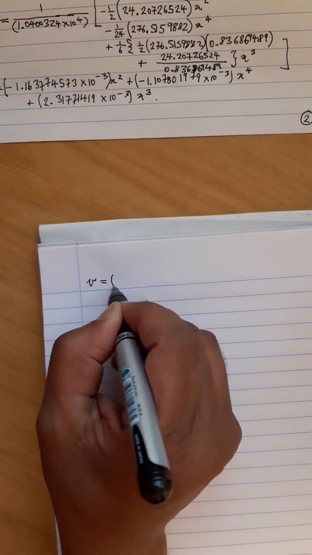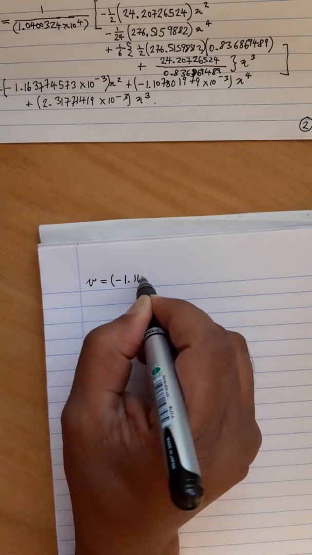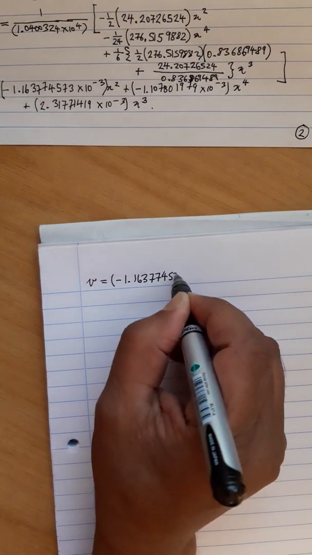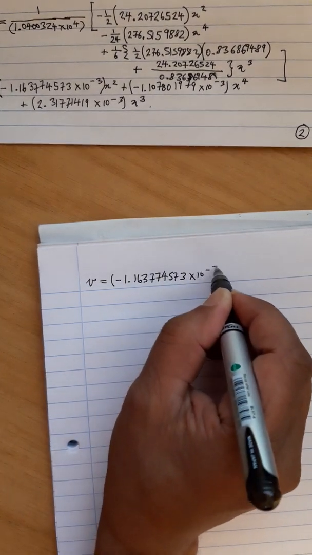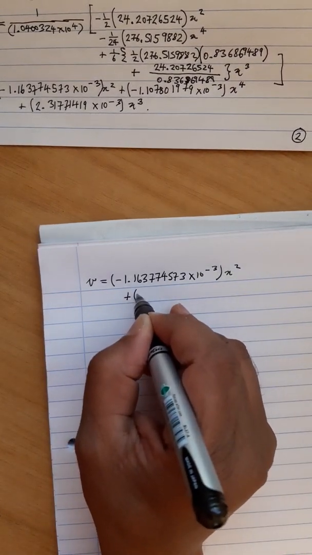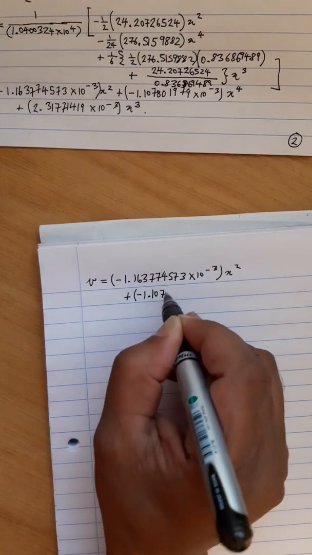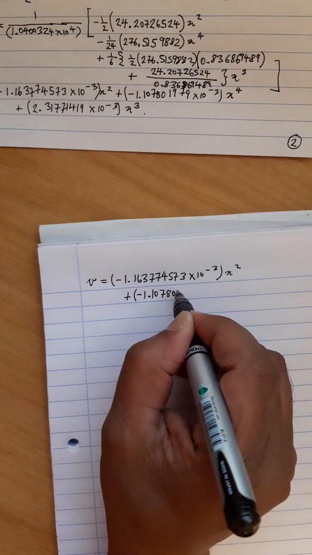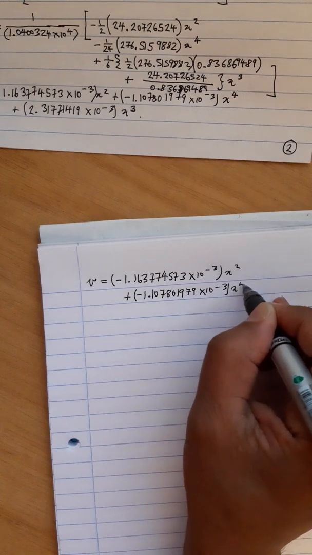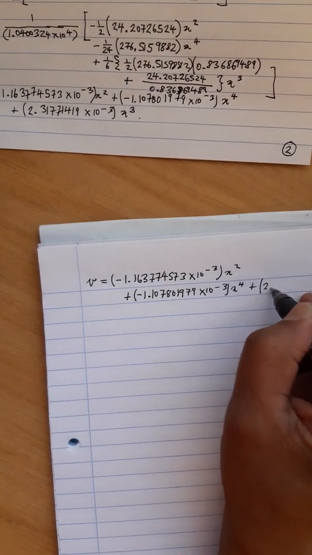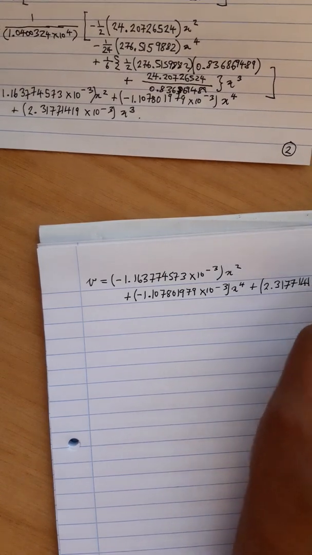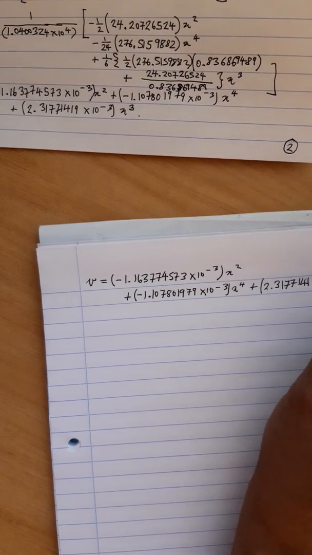V is equal to minus 1.163774573 times 10 to the minus 3 x squared, plus minus 1.107801979 times 10 to the minus 3 x fourth, plus 2.31771419 times 10 to the minus 3 x cubed.